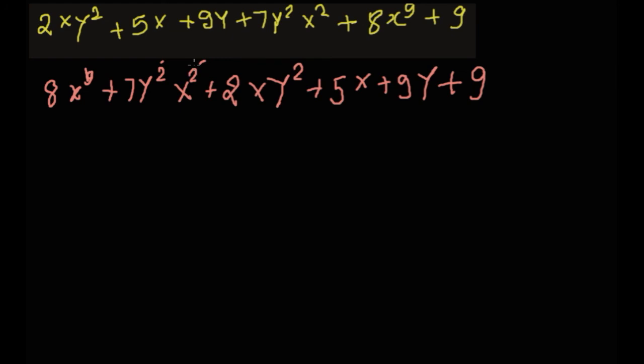In a polynomial function of two variables, we will add the powers of both the variables. Then we will get the degree. So we will add both, 2 and 2 is 4. Here it is 1, 1 and 2 is 3. It is 1, it is 1. So here the highest power is 9. So 9 is our degree. So in this way we find the degree of a polynomial function of two variables.